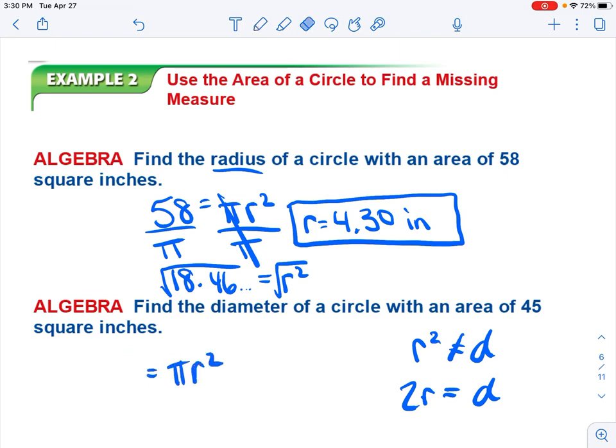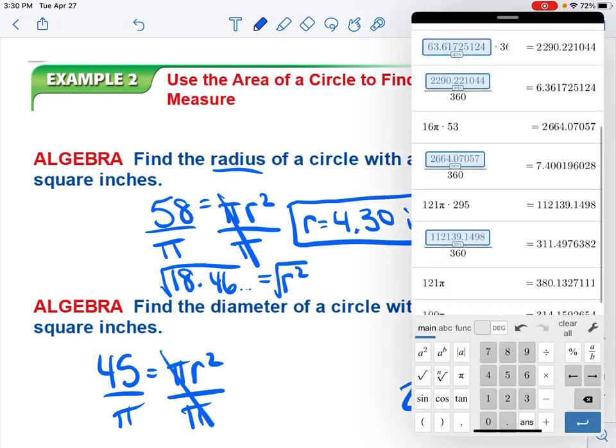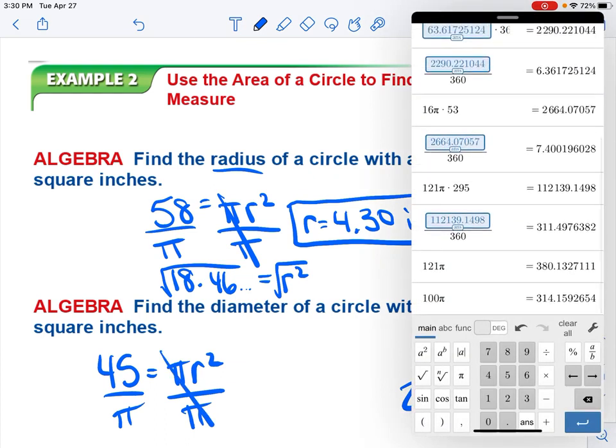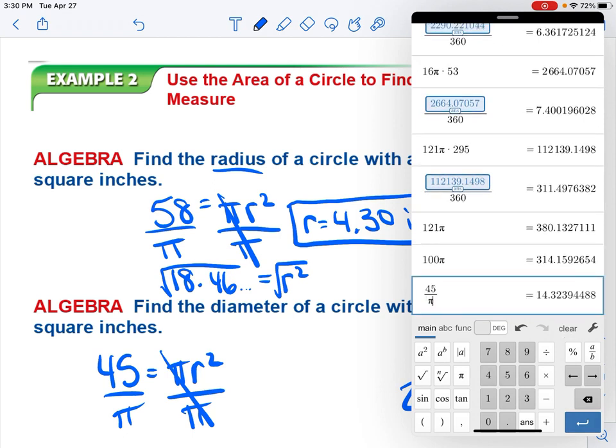So we have that our area is equal to 45 square inches. I'm going to divide by pi. 45 divided by pi is equal to 14.32 equals r squared. Take the square root.